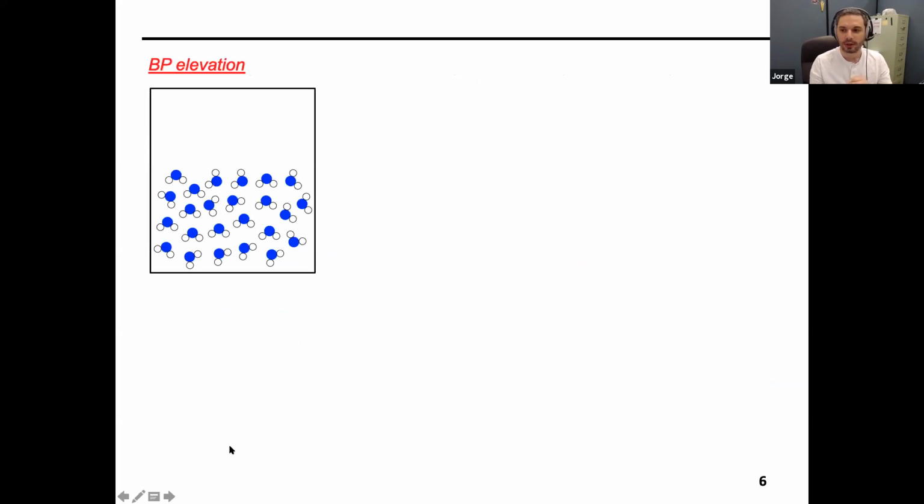Okay, so let's start with the boiling point elevation. So let's start with water, and let's imagine that we can see the water molecules. So the blue sphere is the oxygen atom, and the white ones are the hydrogen atoms.